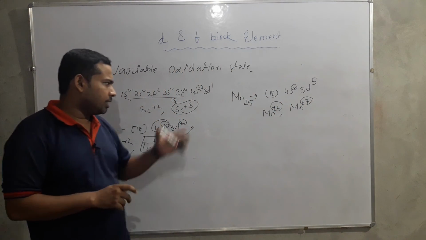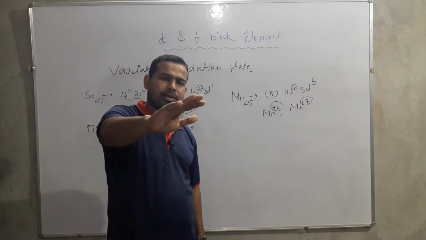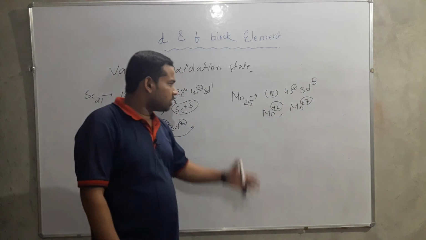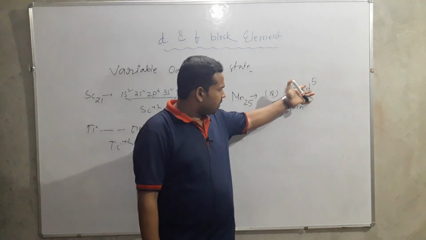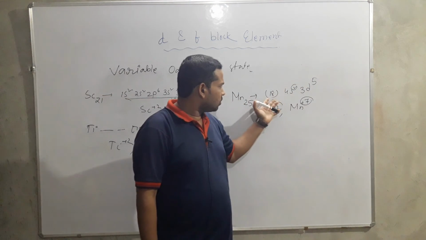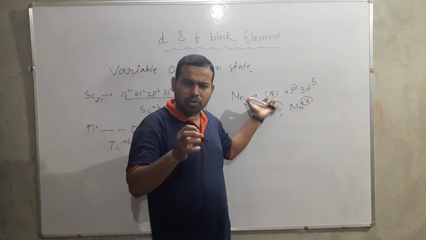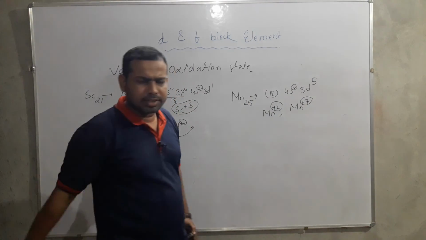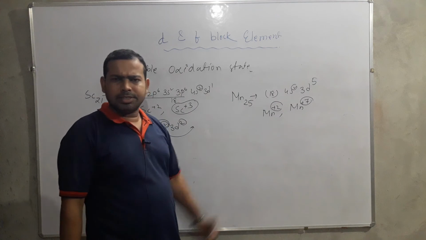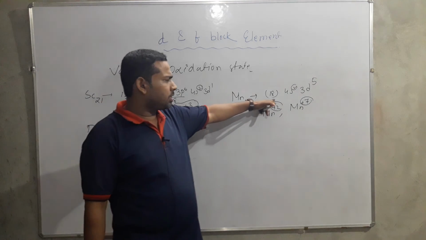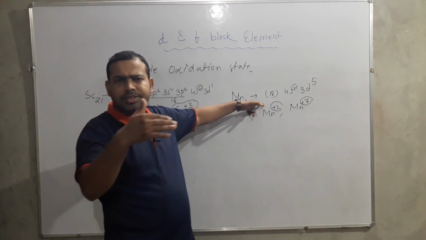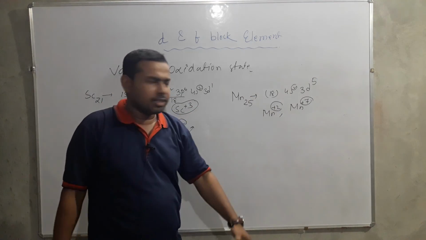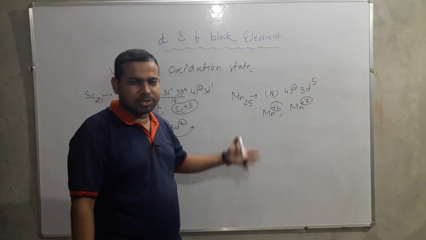So manganese shows oxidation states plus 1 to plus 7, but among them plus 2 and plus 7 are more stable, because manganese loses 7 electrons from its outermost shell. This one becomes 18 configuration. According to the octet rule, if any element contains 8 electrons in its outermost shell, then that element is highly stable in nature. Clear people? So 18 configuration follows inert gas configuration. So if manganese loses 7 electrons of its outermost shell, this one gets an inert gas configuration. So that's why this is more stable.